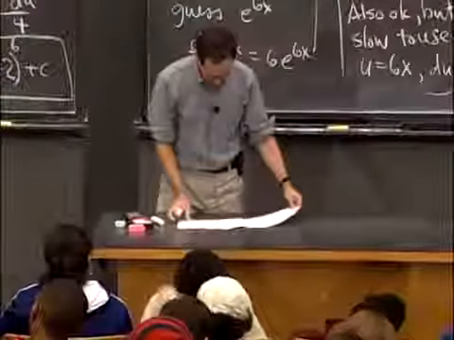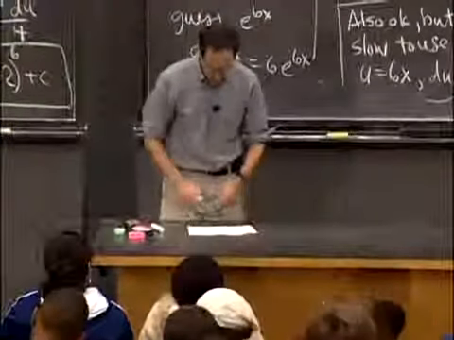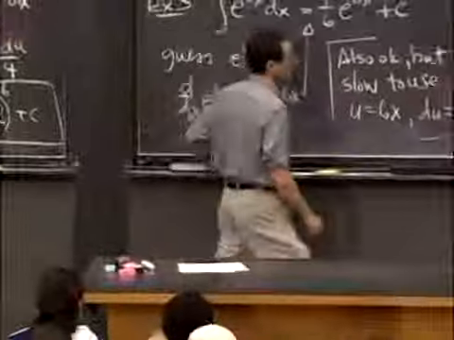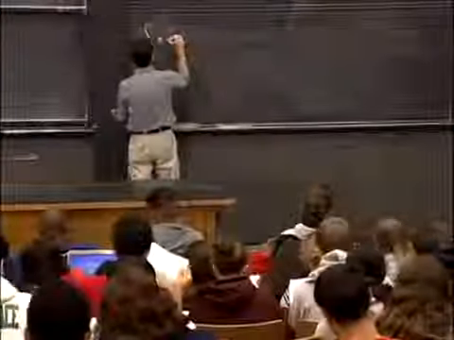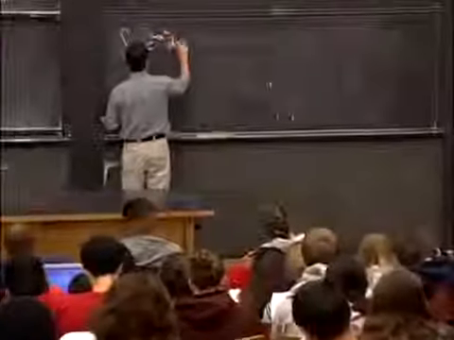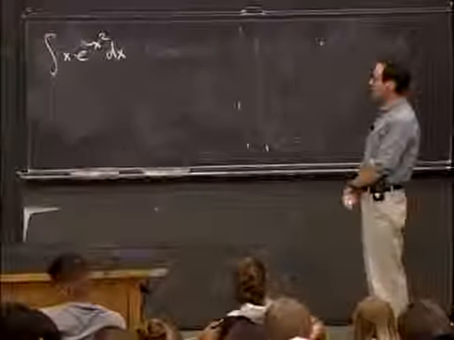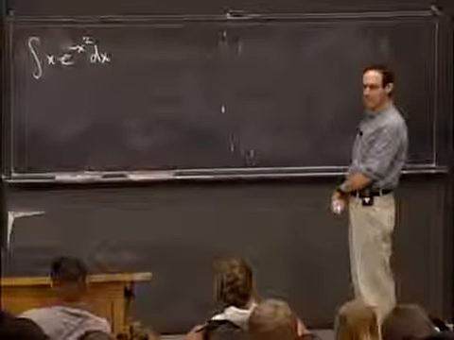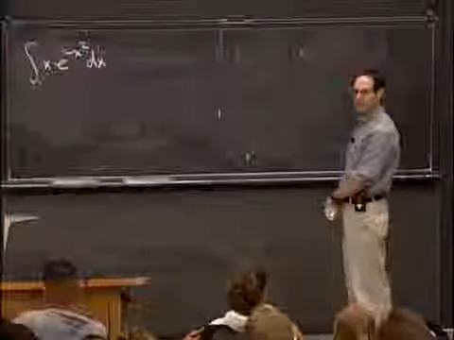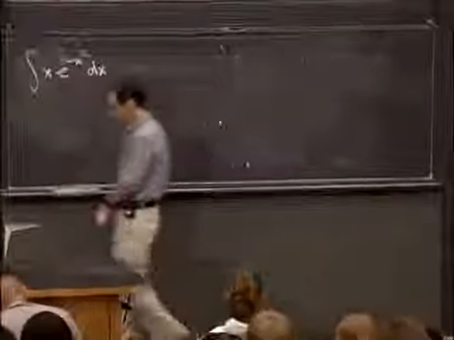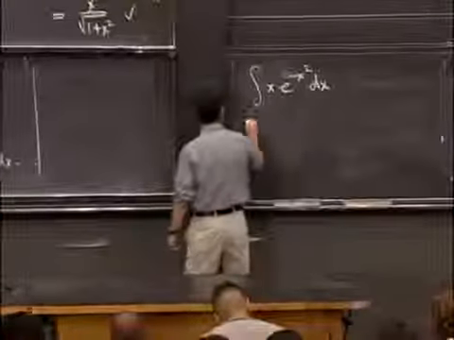All right. Well, I'm going to give you a couple more examples. So how about this one? x times e to the minus x squared dx. What's the guess?